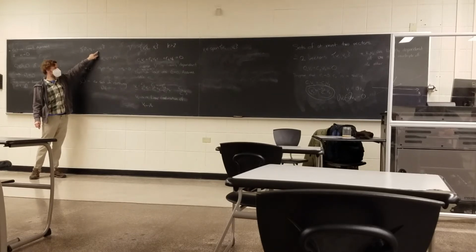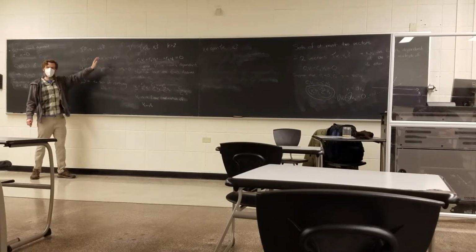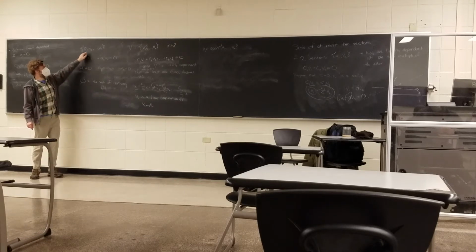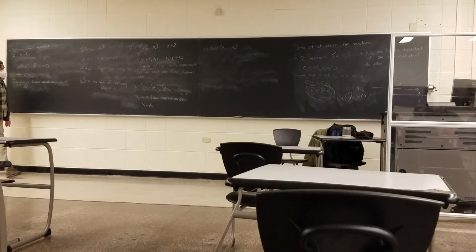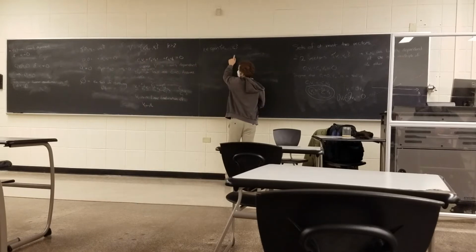Because we could do the same sort of thing. We could pick A1 to be non-zero. If we wanted to, we could subtract everything else over to the other side and divide by A1. And we would get 0 is equal to something over here. So we have that 0 is in the span of the other vectors.